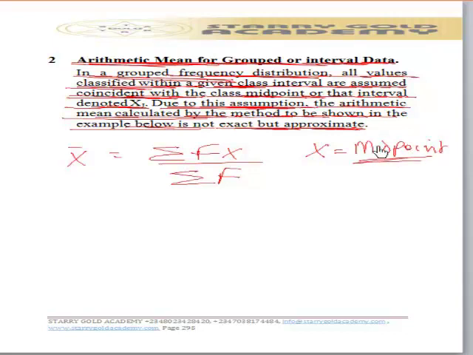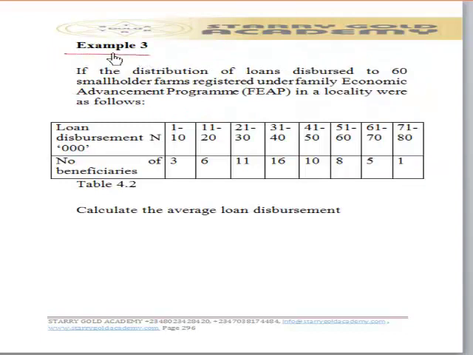That is what majorly differentiates this from the previous formula. So we still have our formula as arithmetic mean, which is x bar equals summation fx all over summation f. Let's look at an example.